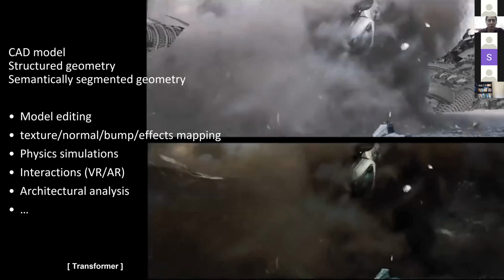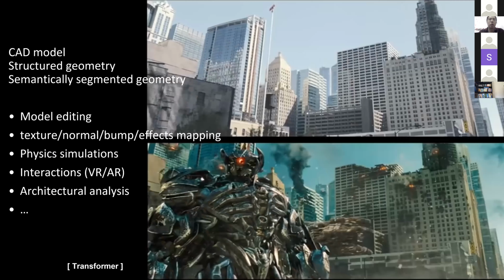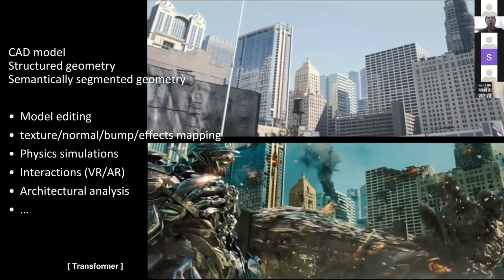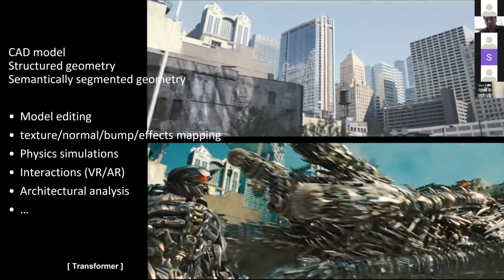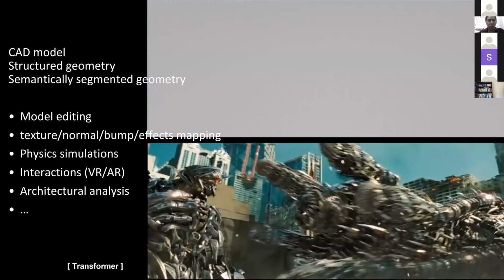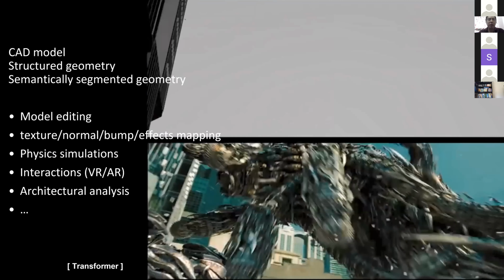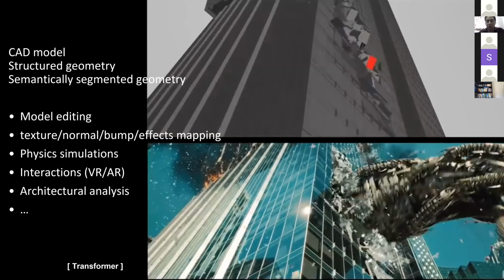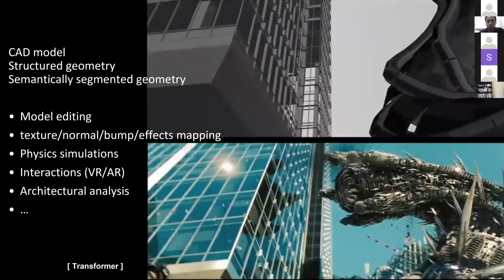I have been specializing in reconstruction of CAD geometry, CAD models. It's a bit harder to define what is a CAD model, but you probably get the idea. We may call it structured geometry, or I might use the term semantically segmented geometry. The bottom is the final clip from the movie Transformers.